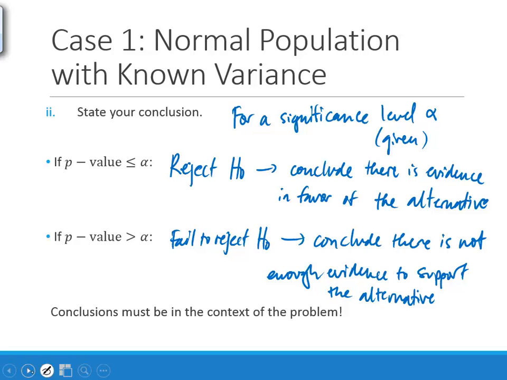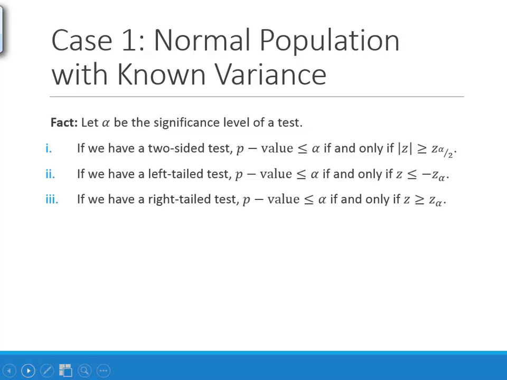Okay, so making a quick connection back to confidence intervals, we've already talked about how they're doing the same thing. For our confidence interval, we found these critical values, maybe z sub alpha over 2 or something like that.